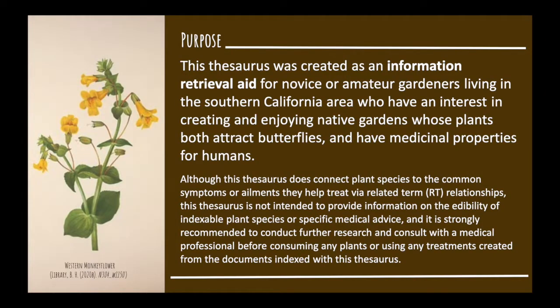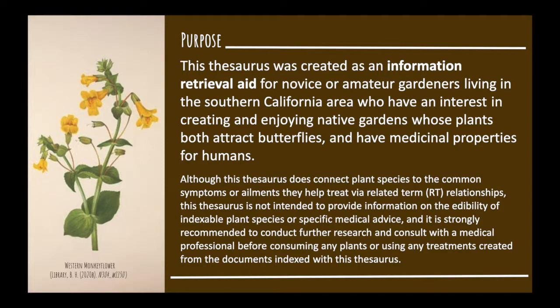We created this thesaurus as an information retrieval aid for novice or amateur gardeners living in the Southern California area who have an interest in creating and enjoying native gardens whose plants both attract butterflies and have medicinal properties for humans. Although this thesaurus focuses specifically on Southern California, those looking to create gardens in neighboring regions with similar climates may benefit from using this thesaurus as well.